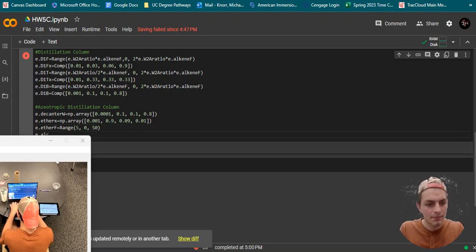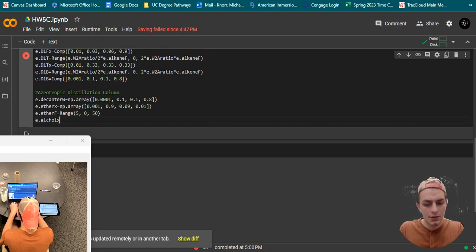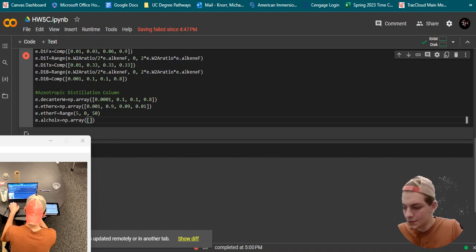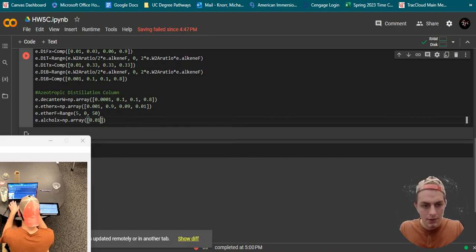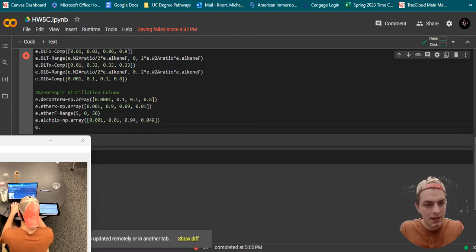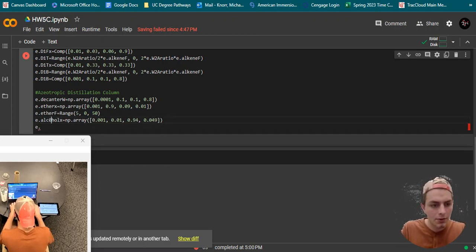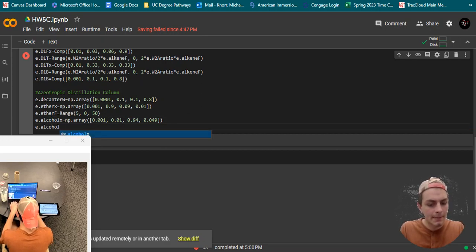For the alcohol moles, we said that the molar fractions were as follows. And then we said that our guess for the alcohol flow rate was a range variable, starting at 50, that could go from 0 to 100.